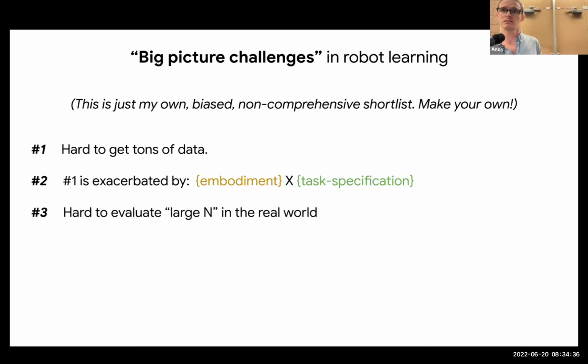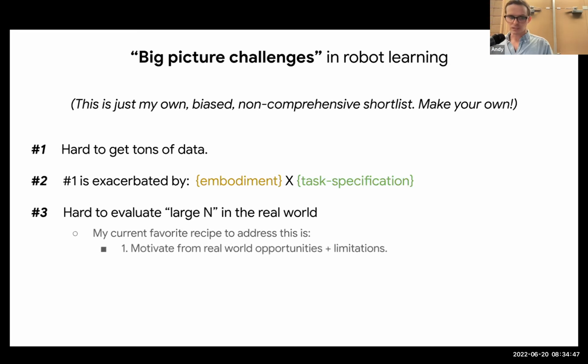I think we can do things in the real world, but it's hard to evaluate a ton of things in the real world. I have a few thoughts on my current favorite recipe to combat this, which is that you start by motivating from real world opportunities and limitations, and then you make a relevant simulation. This is a common technique that is often useful.